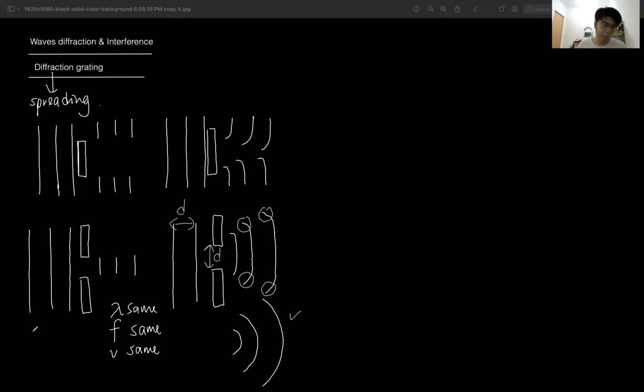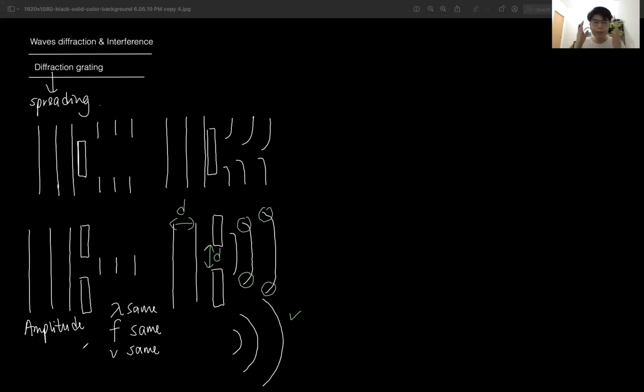What else? The amplitude. Does the amplitude change? Answer is yes. Amplitude represents energy. So if amplitude drops, the energy also drops. During a diffraction, the amplitude decreases. Why?